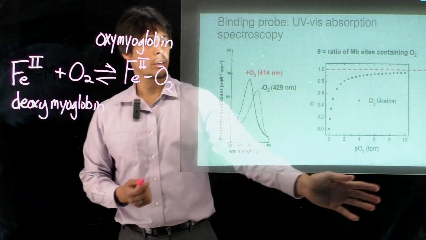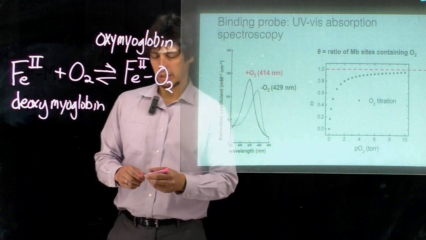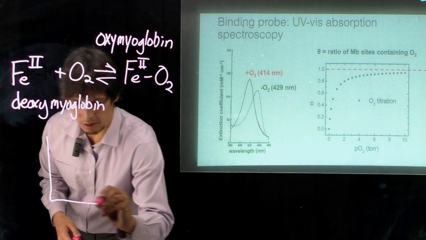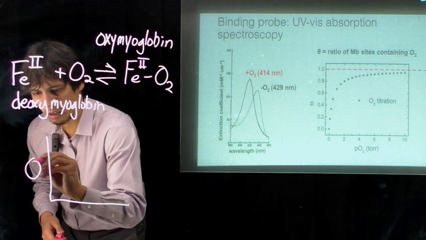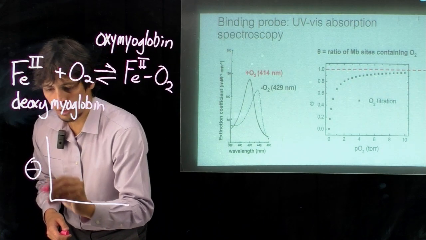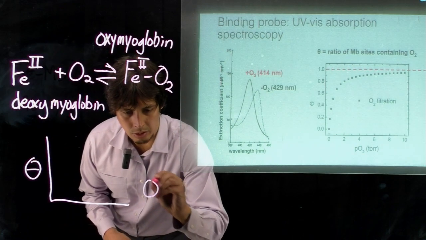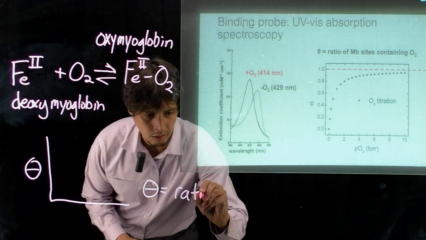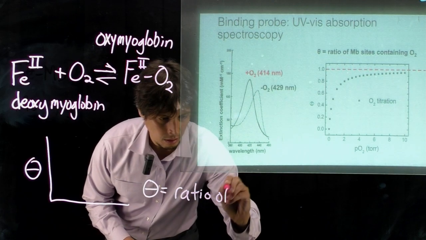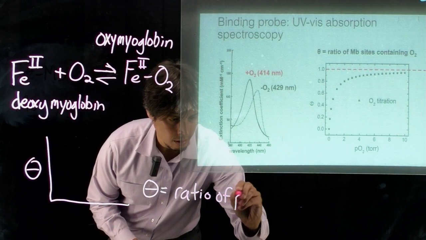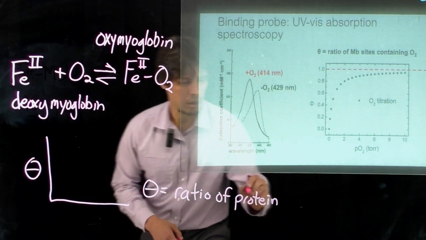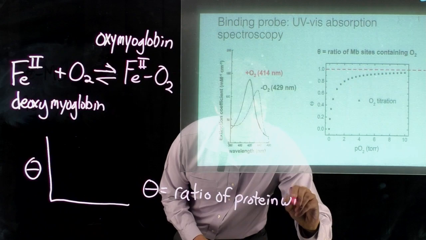And that's shown here in this figure on the right-hand side, and we denote that as, on the y-axis, we have theta, and theta is equal to the ratio of protein with O2 bound.